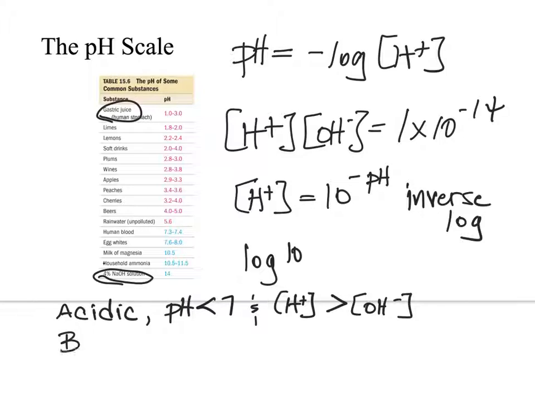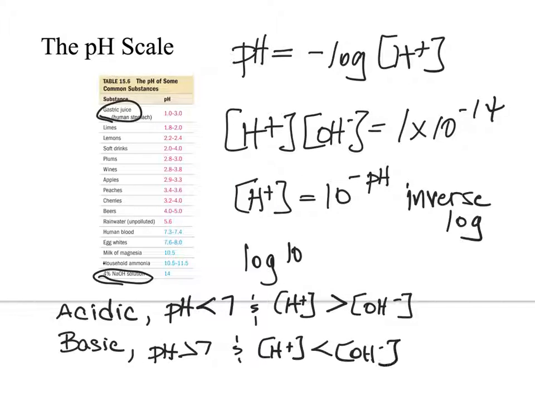In a basic solution, pH is greater than 7 and hydronium concentration is less than hydroxide. In the next slide, we'll look at the log system and how to round these pH calculations, and then we'll get directly into some example problems.